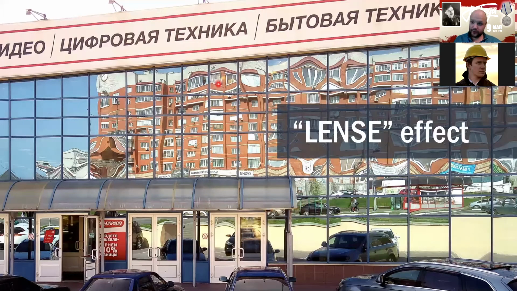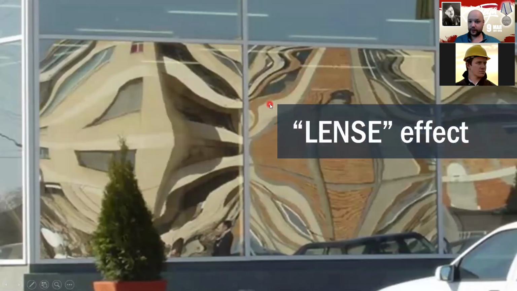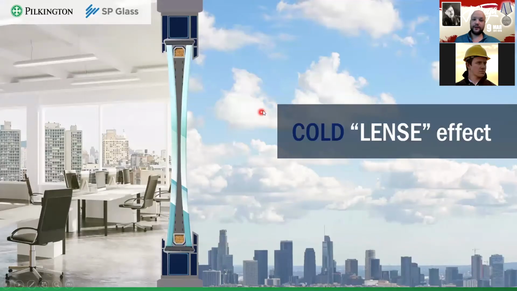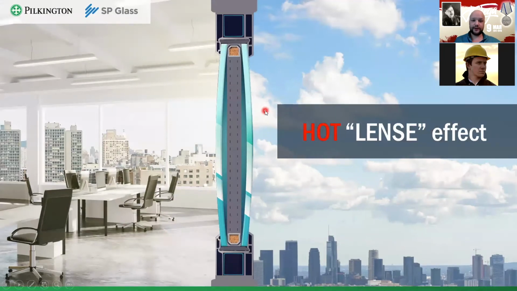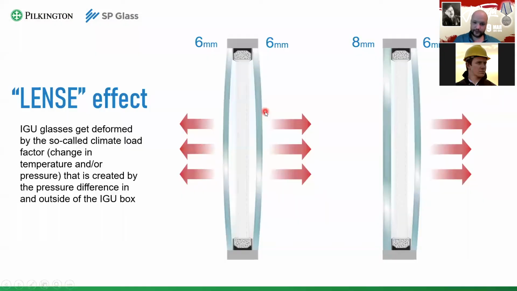The second thing you need to do is to make the outer glass thicker than the inner glass. Because when you have distortions on an IG unit, like here, if you have glass of equal thickness, they will both bend equally.